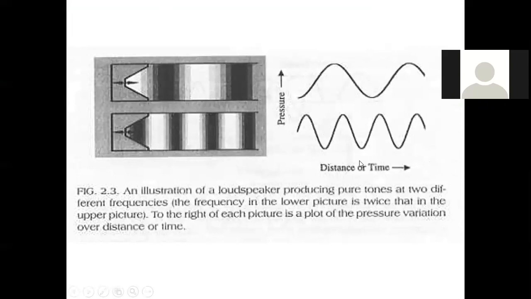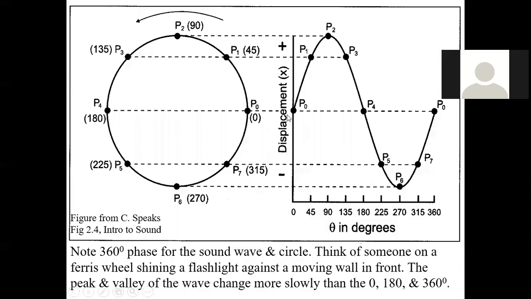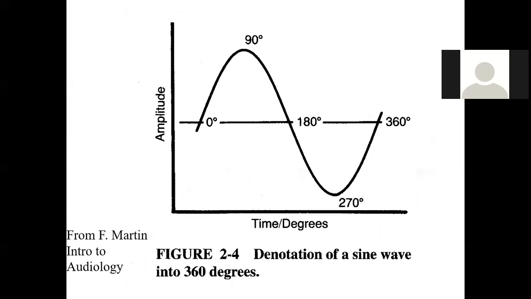So you can think about the sound wave as time on the horizontal and amplitude on the vertical. And a sound wave has 360 degrees, just like a circle, starting at 0 to 90 to 180 to 270 to 360. All right. Here again, sound waves, 360 degrees.